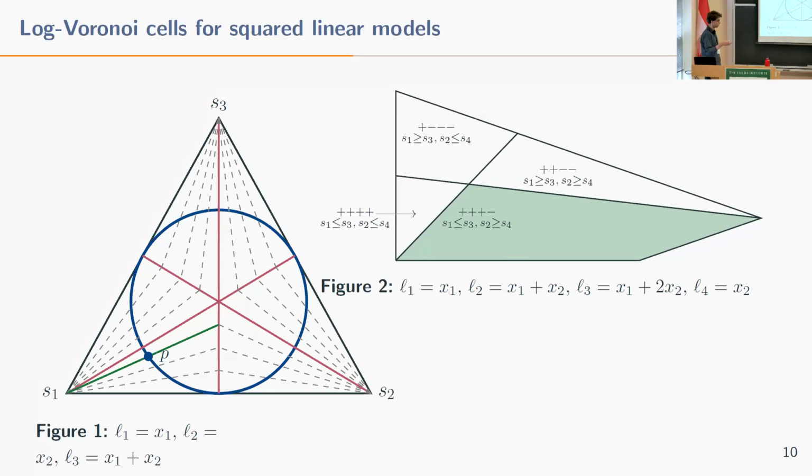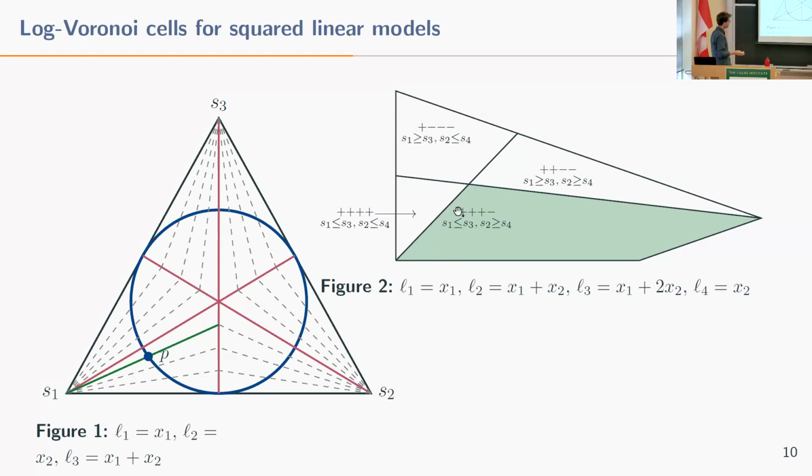All critical points correspond to one particular region of the hyperplane arrangement defined by these linear equations. Now you can ask, if I take a data point in here, what region does the MLE correspond to? The tiles in this log normal polytope correspond to the regions that the MLE lies in. And this particular tile here is now the log Voronoi cell.